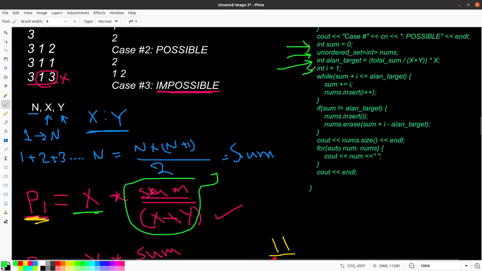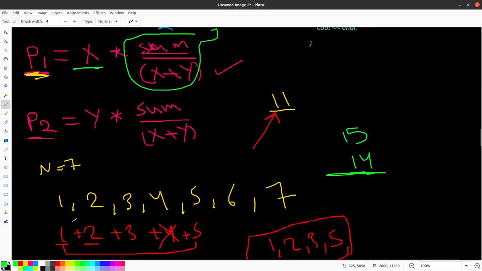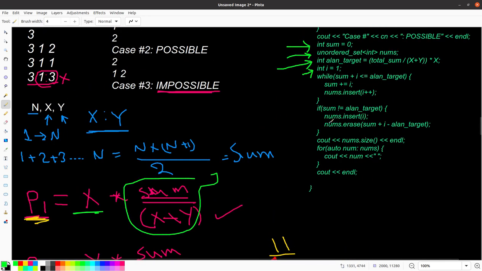We iterate over the numbers from 1, increasing the number, while sum plus i is less than or equal to the target, with sum plus equal i, and we insert this i into our set.